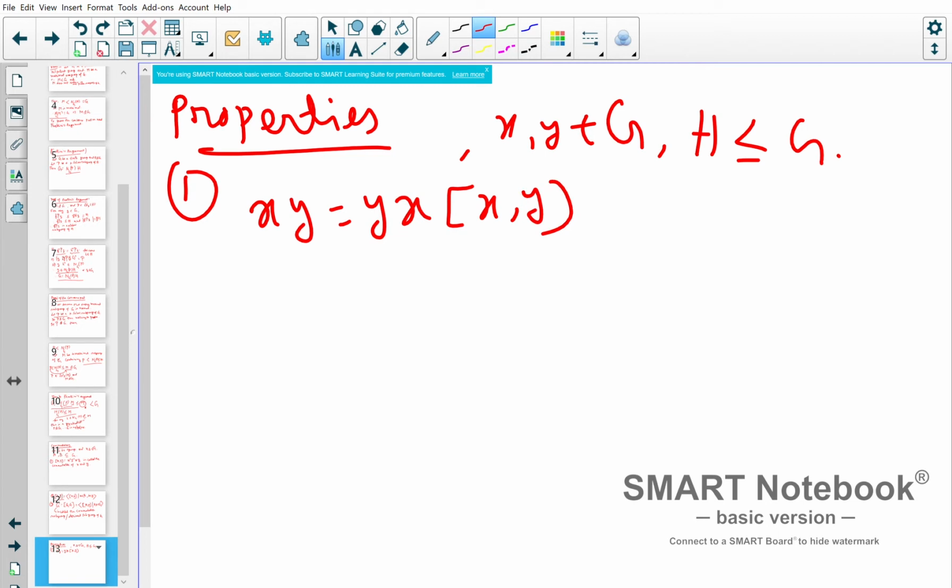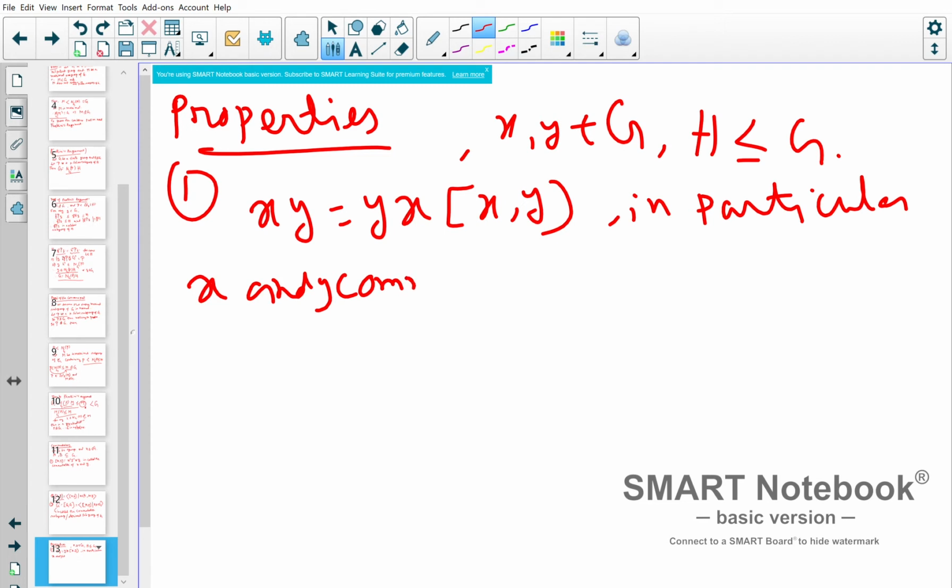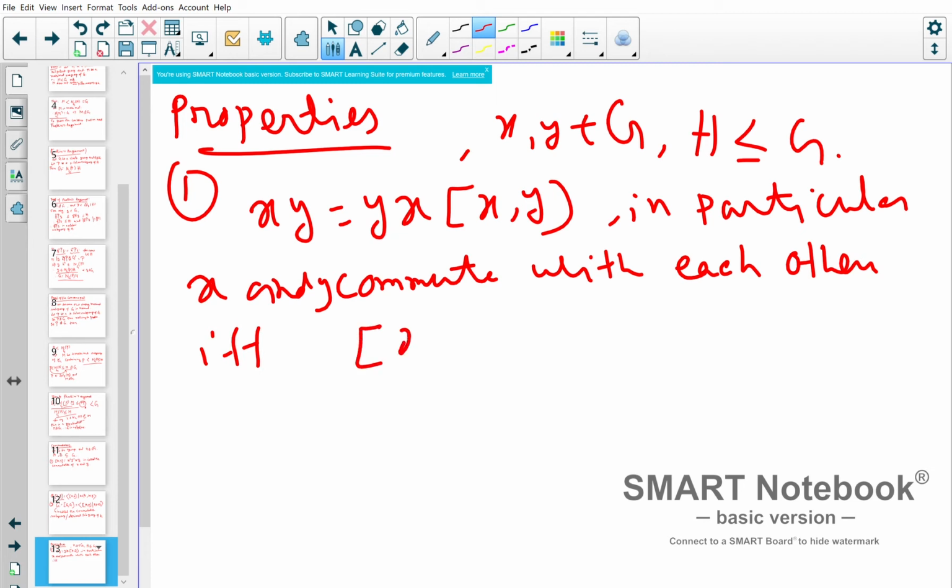In particular, x and y commute with each other if and only if this commutator [x, y] equals 1.